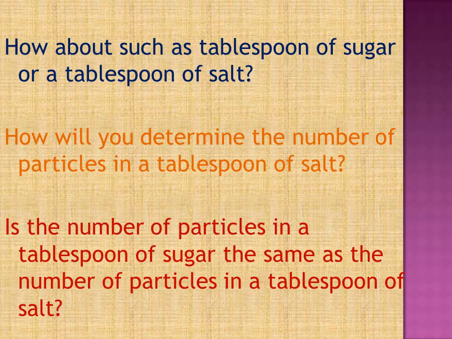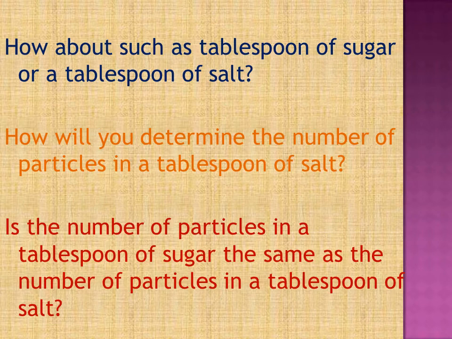Then let's move to some common examples. How about a tablespoon of sugar or a tablespoon of salt? How will you determine the number of particles in a tablespoon of salt? Is the number of particles in a tablespoon of sugar the same as in a tablespoon of salt?